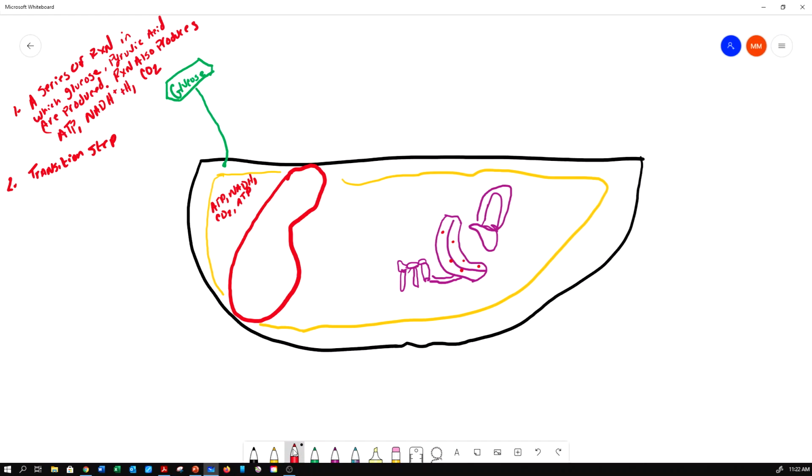Now during this, let me draw this out too so that it's really clear. In this section of the mitochondria, we're going to call this where the Krebs cycle exists.